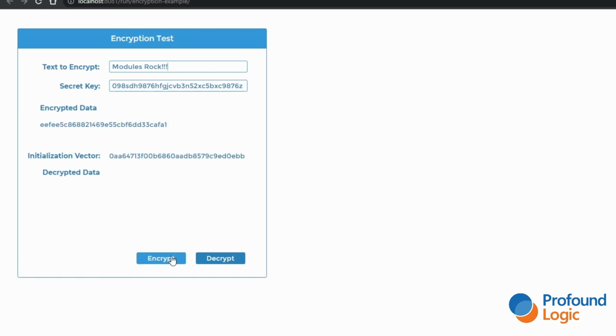And I'm going to choose encrypt. And as you can see, I have my encrypted data here, as well as my initialization vector. I need to have both of those to decrypt this text at a later time. So let's choose the option to decrypt, and you can see it uses those two values, and we get the exact same text that we started with.